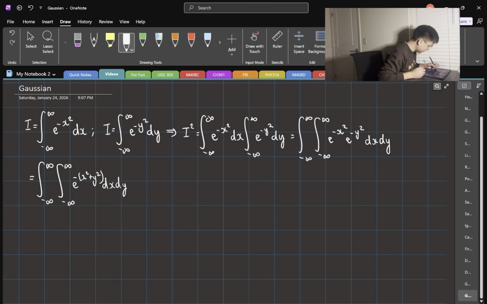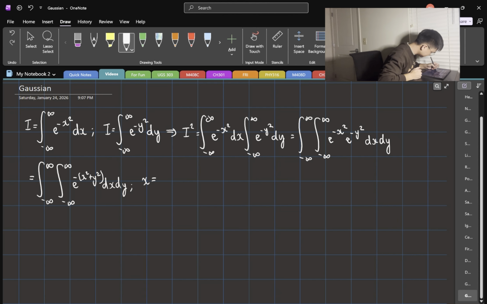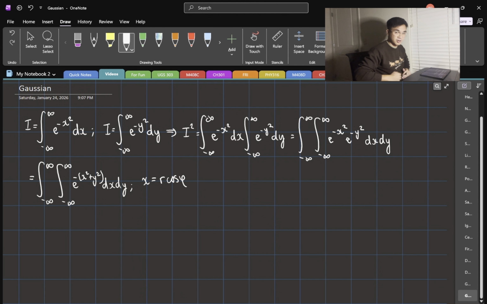So I'm going to perform the following variable substitution or variable transformation, whatever. I'm going to say x is equal to some variable r times the cosine of some other variable phi. Phi to denote the azimuthal angle in the xy plane. So what we're doing is we're making a transformation from Cartesian coordinates to polar coordinates.